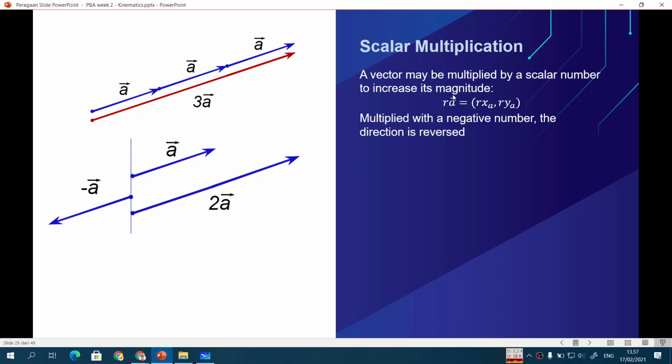You can simply multiply the components of the factor by r. If you multiply the factor with a negative number, the direction is reversed. So if I have a here, I can form a negative a by simply reversing its direction.